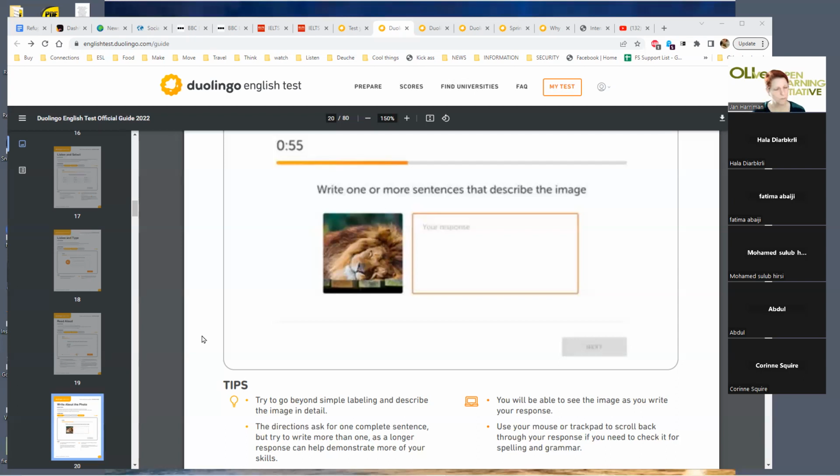Okay. Well, if you're going to use this exam, you need to figure out a way to use some of that speculative language. You could say the brown lion is lying on a wooden surface and smiling as if he had just eaten a very large dinner.